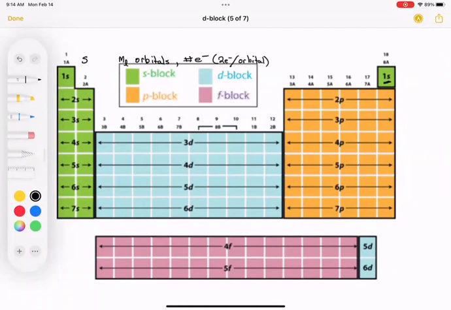Oh, 1. S only has 1 orbital. And if 2 electrons can be in each orbital, that's why the S is only 2 elements deep. It's because an S only has 1 orbital and the maximum number of electrons is 2. So it can only be 2 deep.